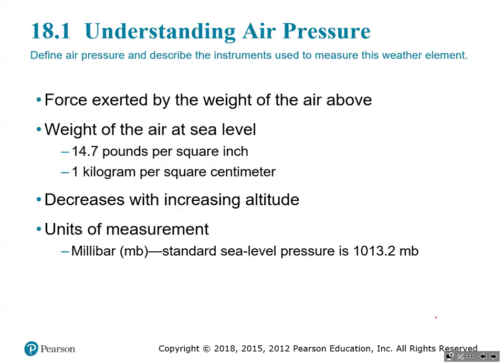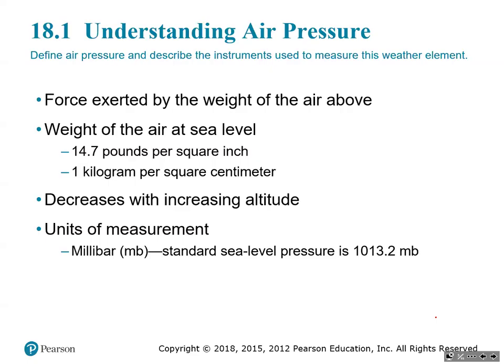Now, the unit that is most commonly used to measure air pressure at the Earth's surface is the millibar. That is because standard sea level pressure is 1,013.2 millibars. That's like the standard number.